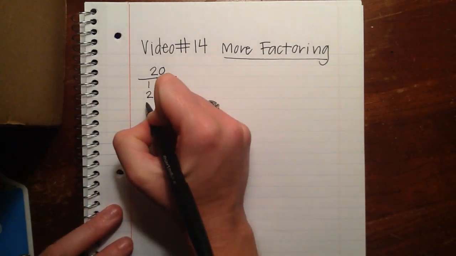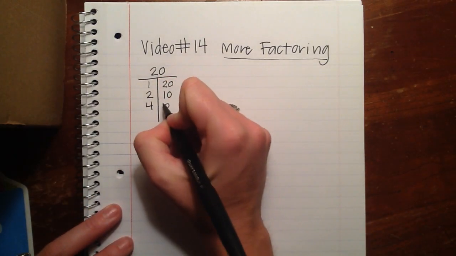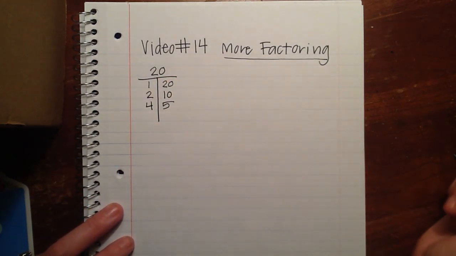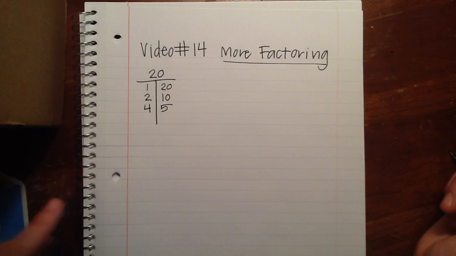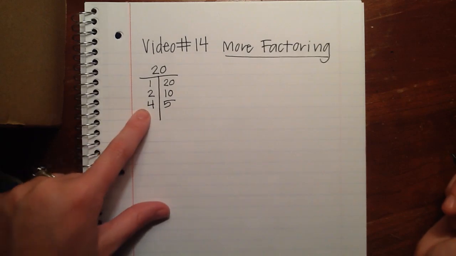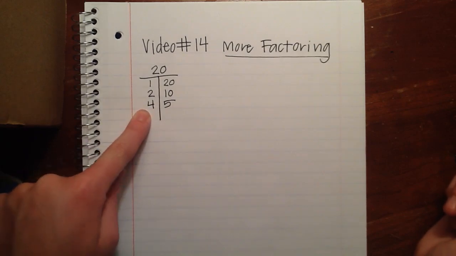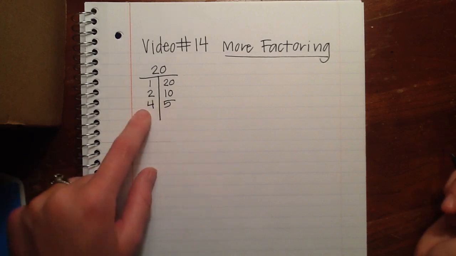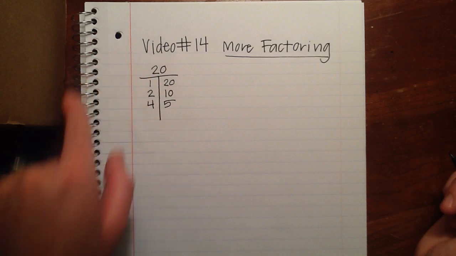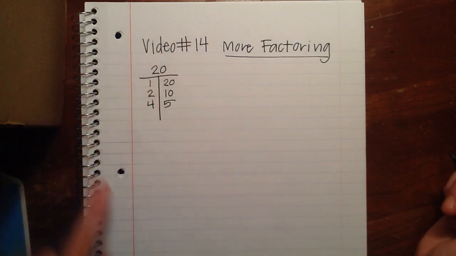Yes, 4 times 5. Now, this is the Mrs. Gregg fashion. I'm thinking the next number after 4 is 5. Does 5 times something equal 20? Yes, 5 times 4. Well, this would be an endless cycle. It would keep on going and going and going.